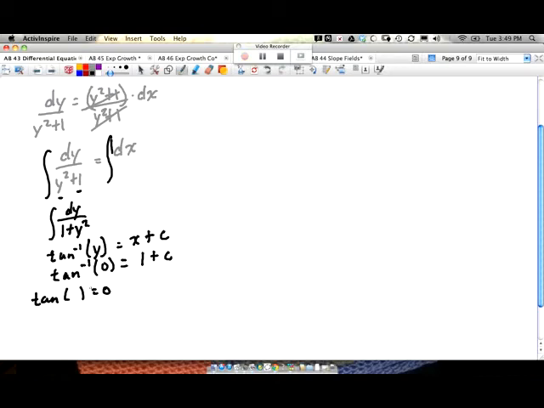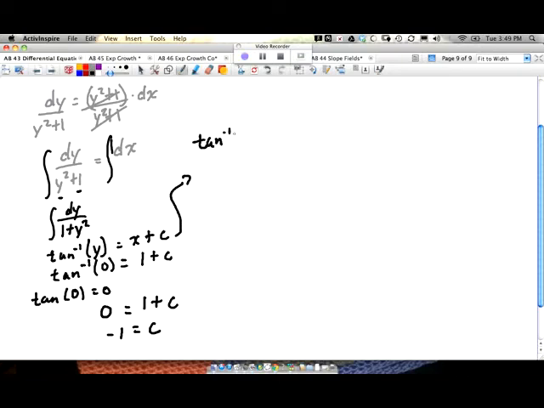Tangent of what equals 0? Well, that's when sine equals 0, and that happens at 0. Tangent of 0 equals 0. So this is going to be 0 on the left side, and on the right side, we have 1 plus c. Subtract 1 from both sides. Negative 1 equals c.